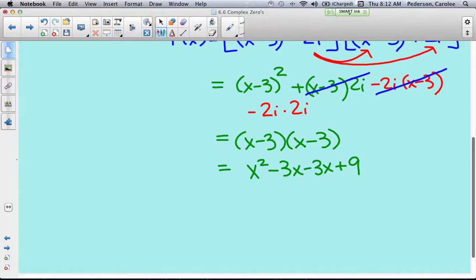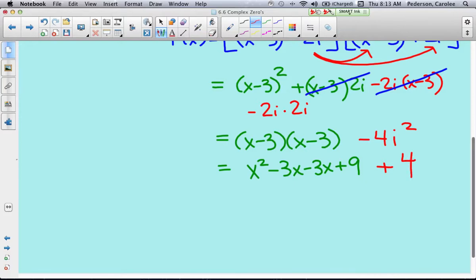And then that red is negative 2i times 2i, which is negative 4i squared. Remember that when you have an i squared, that is replaced with a negative 1, or we said just drop the i squared and change the sign in front of the term. So it makes that a positive 4.